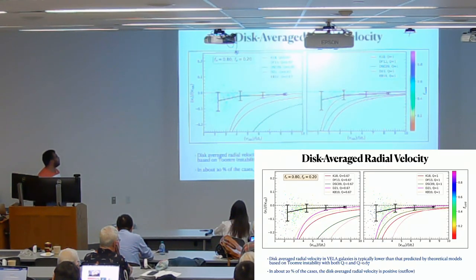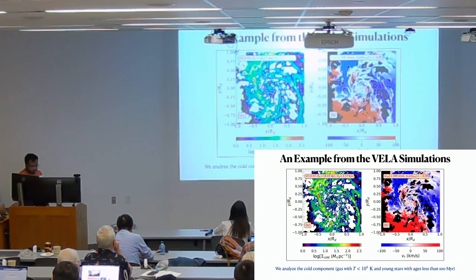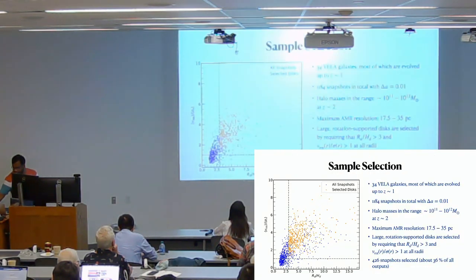So then, from the map that I showed you, for all our selected disks, we can measure the radial velocity in annuli, centered here. And then we can also measure the disk average radial velocity, averaging over the entire disk.